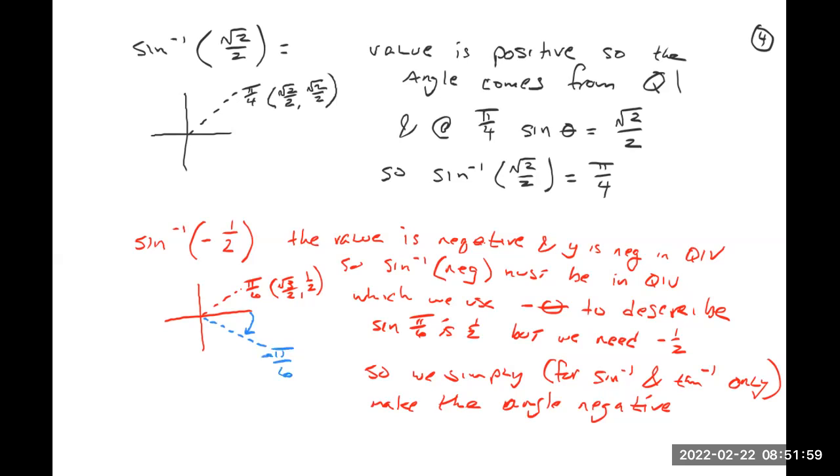Now you're looking at this going, wait a minute now, last week, Ms. Luna told us that that was 11π/6. And you're right, it is. If you said 11π/6, you would be in exactly the correct place, but you would be getting there incorrectly.